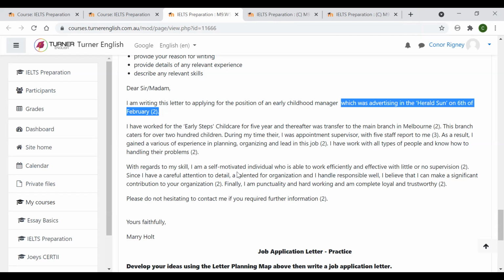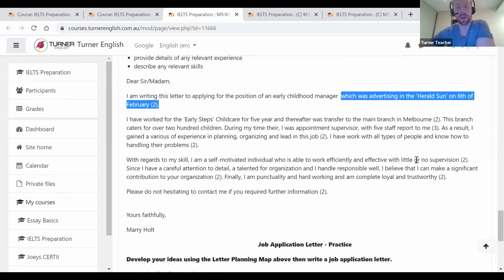The first one is apply. I am writing this letter applying for the position of the early childhood manager, which was advertising in the Herald Sun on 6th of February. Yasmin, is this one advertised? Advertised, yeah. So let's put the answer in the chat.